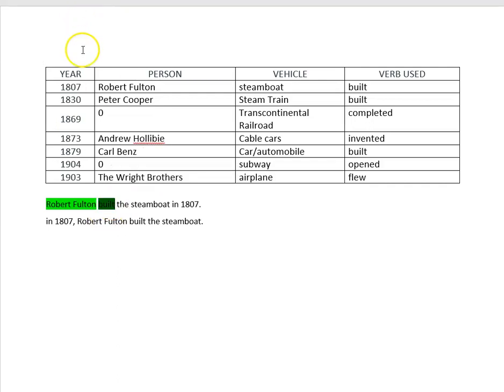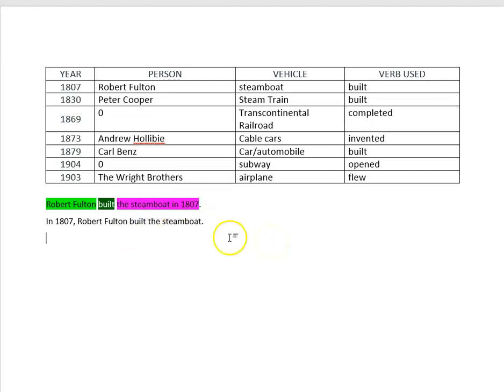I'm going to make a darker color, green, the steamboat in 1807. So that's going to be my complement. All right? And here the same thing. In would be a phrase before the subject, or a time phrase. Then again, Robert Fulton is my subject, built is my verb, the steamboat is my complement.